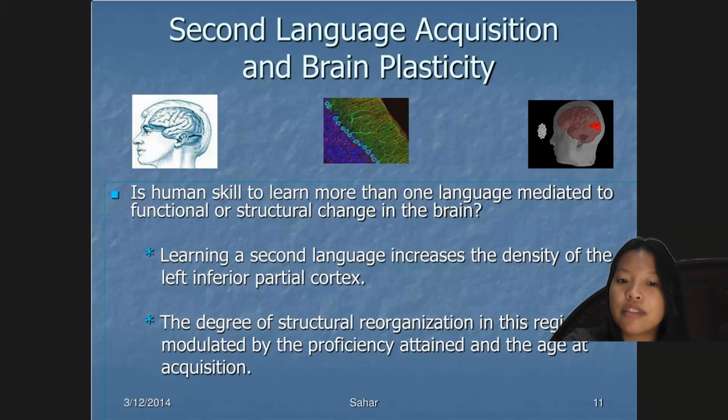The degree of structural reorganization in this region is modulated by the proficiency attained and the age at acquisition. Again, that is the last topic, the topic notes that I described.